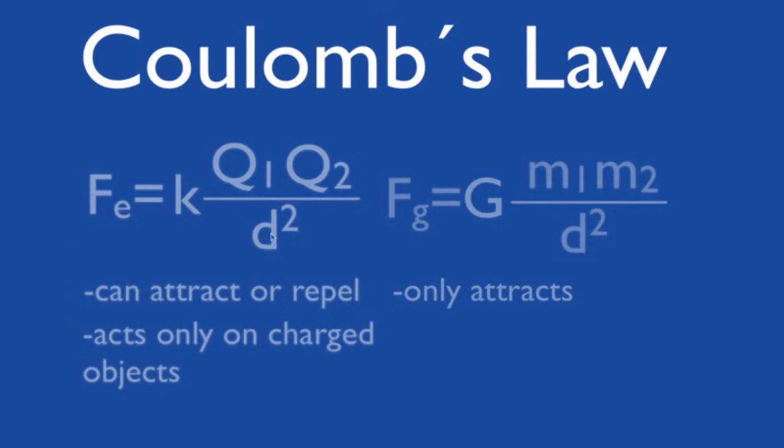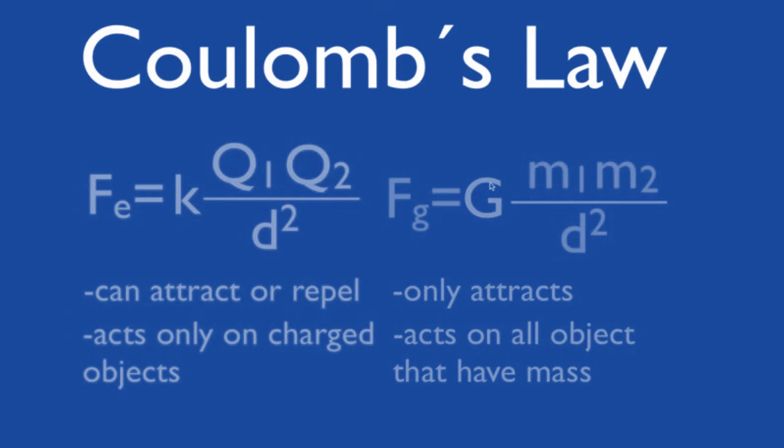We don't use this equation to calculate the force of gravity or the attractive force between two objects because of their mass; we use it to calculate the electric force, and the other is the gravitational force, which will act on all objects that have mass.